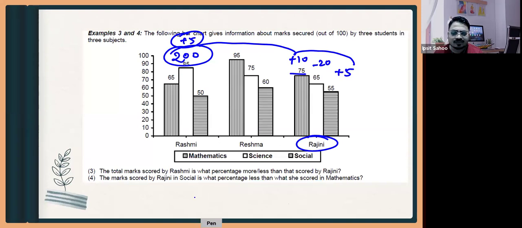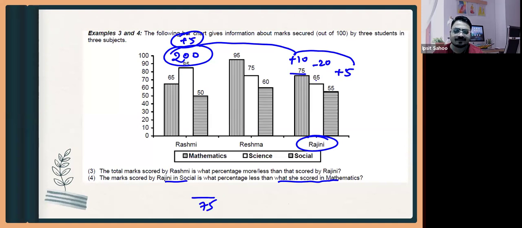So mathematics is going to be the base, 75 is the base. Rajni's social is 55, his mathematics is 75. So 55 is how much less than 75?